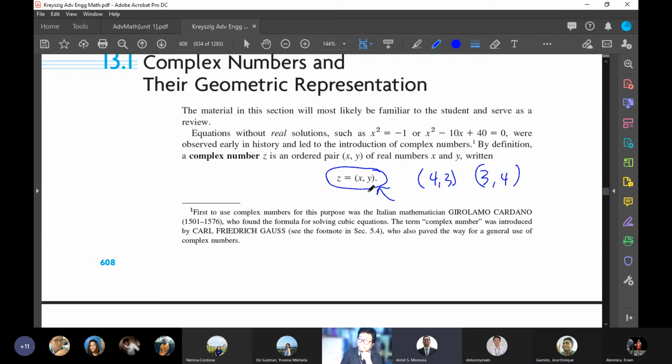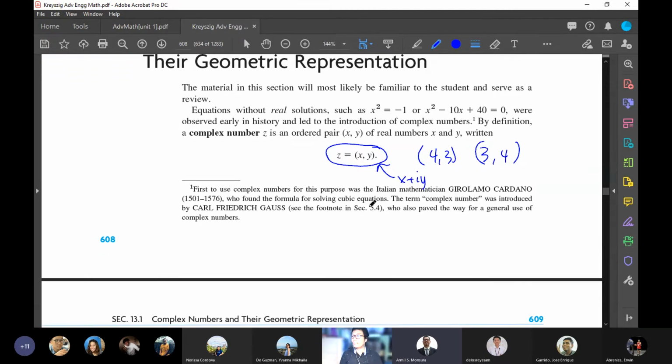This is consistent with what we have used as x plus iy. So x here is the real part of the complex number, while y is the imaginary part of the complex number.